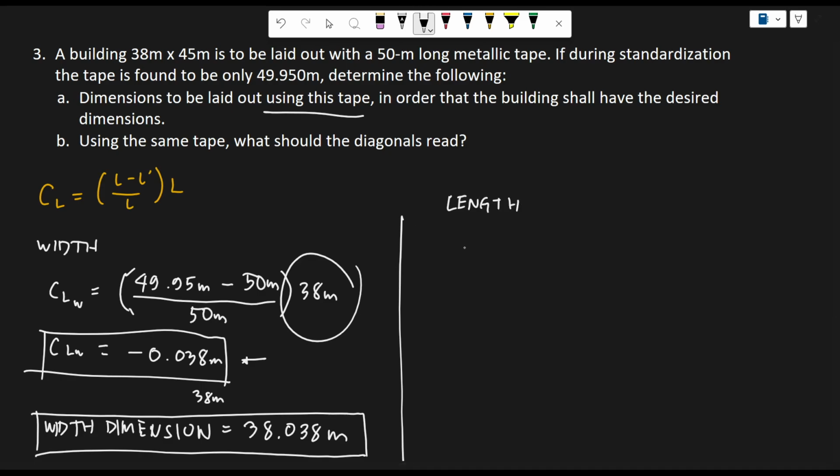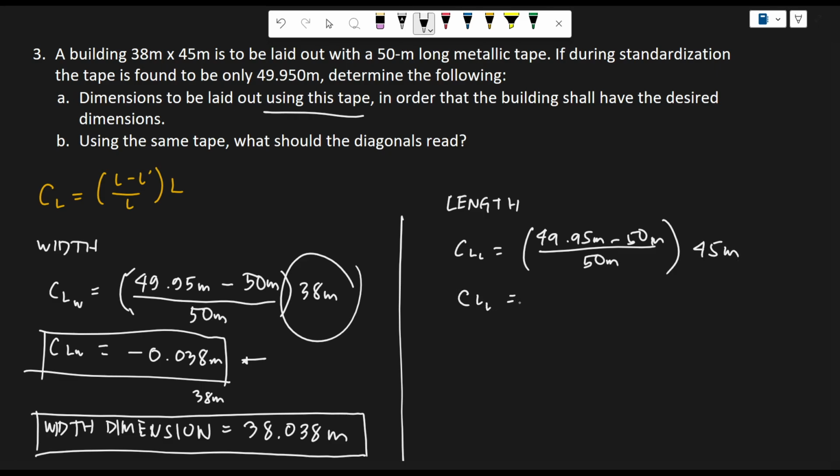Okay, so for our length, CL and then another subscript L, we are still going to use the same thing: 49.95, that is the erroneous tape length, minus 50. So let's just write out meters here. 50 meters, and then we are going to multiply that by our length, which is 45 meters.